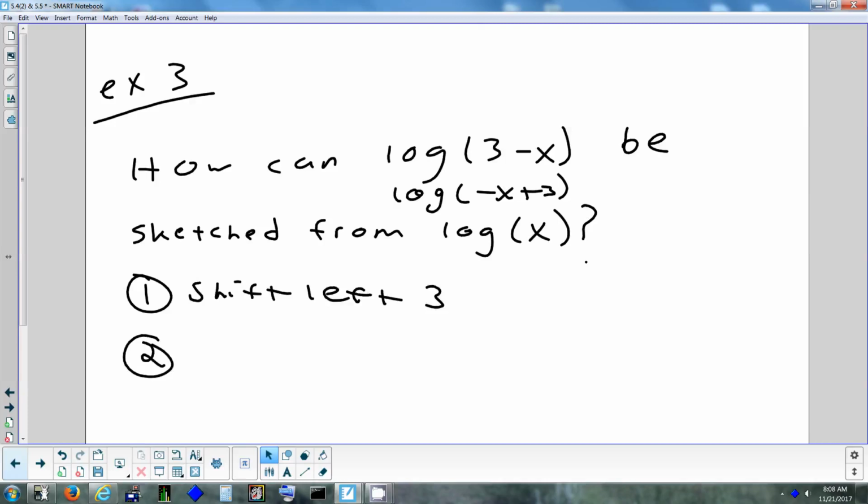That's a horizontal reflection. Or what axis is that again? If you reflect horizontally, it's over the y-axis. Okay, so how can that be sketched? That's it. There's the 2 steps. Okay, any questions on that?